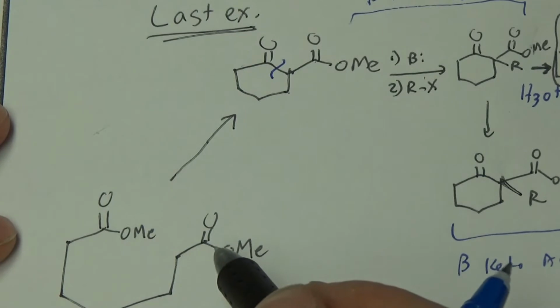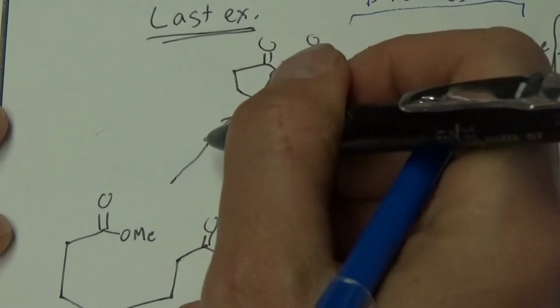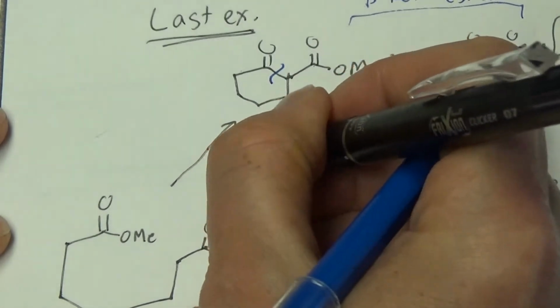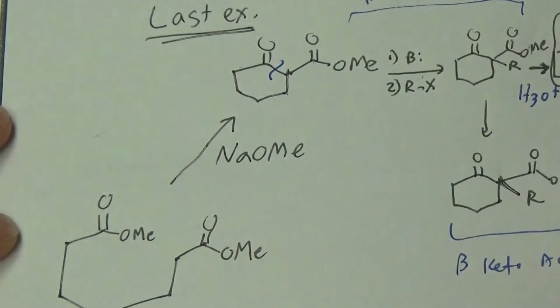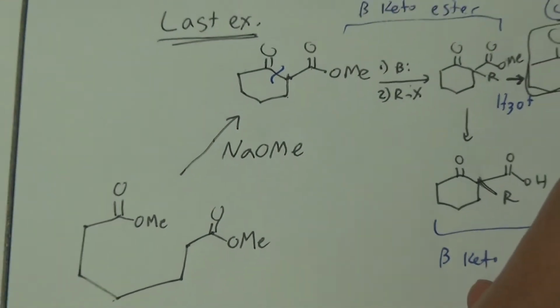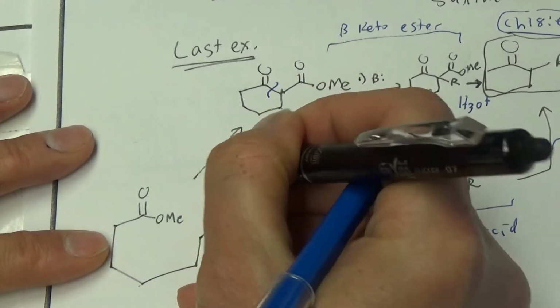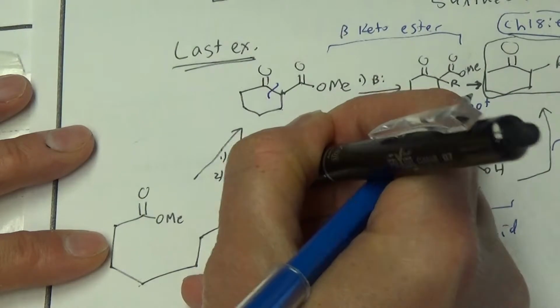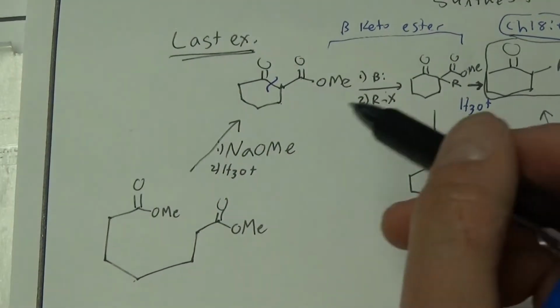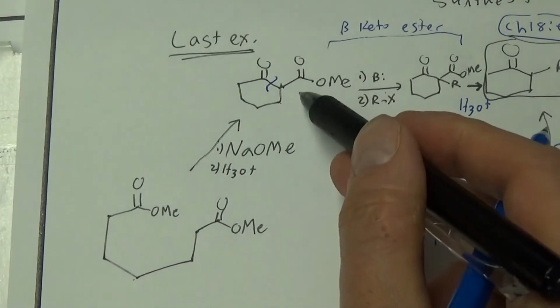Sometimes I use ethyl esters. If I'm using methyl esters, I probably use OMe instead of NaOEt for various reasons. And then you always need the acid step for a Claisen. Okay, so this could be a precursor for that.